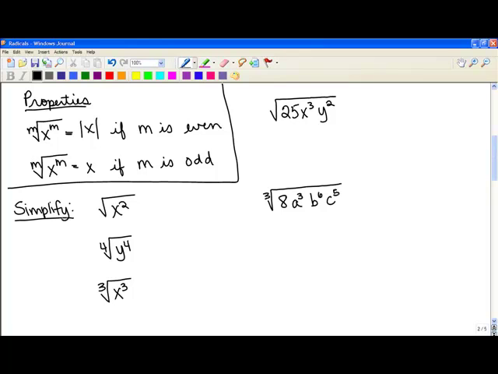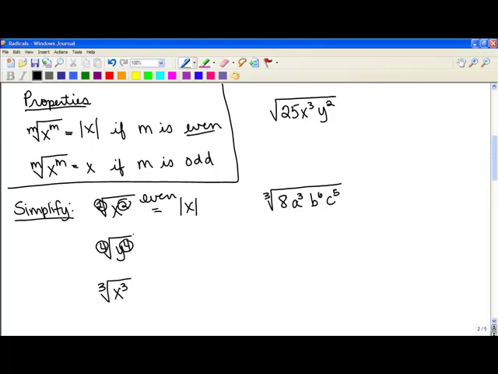So taking a look at the square root of x squared, using our properties, we know that a square root has an imaginary 2 here for the index. So we're looking at an even index. So by the rule, if m is even, then that equals the absolute value of x.